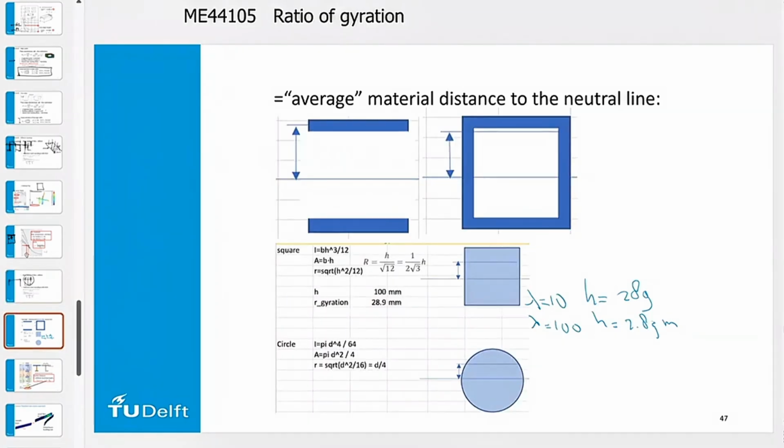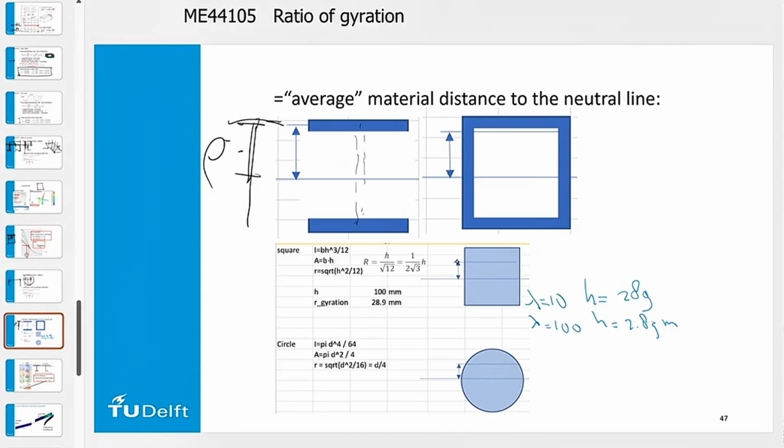This is some question from my students: what is the effective radius of gyration? Just to get a quick hand calculation. If my web is infinitely thin, so I keep the plates separate, then my effective radius of gyration is this.